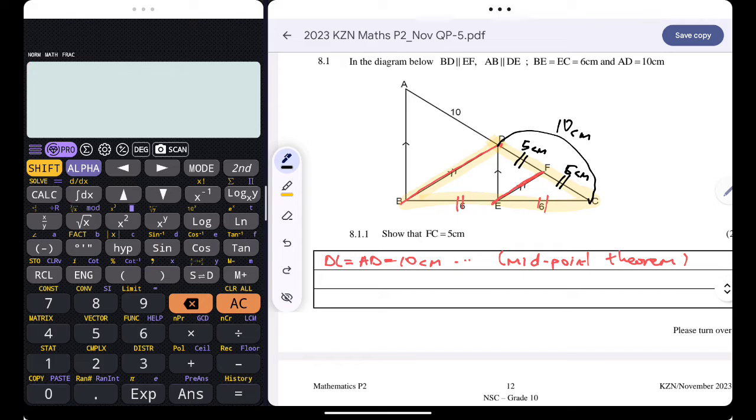Are you together? You can simply say that FC is half of DC, which is just 5 centimeters. This statement is true because of the midpoint theorem as well.